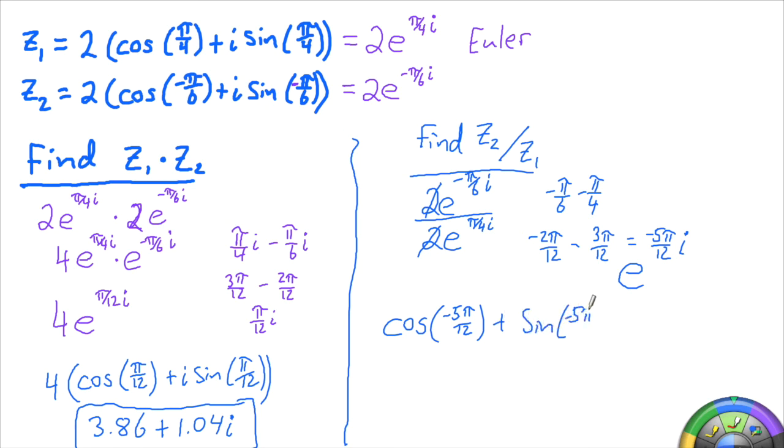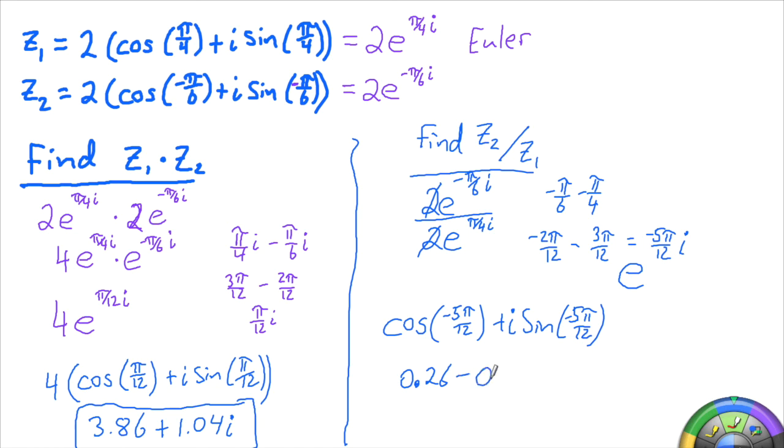Oh, and I forgot the i. Alright, and then we can just type it in. Cosine of negative 5 pi divided by 12 would be 0.26. And sine of the same angle, since there's no modulus, is 0.97, and it'll be negative.